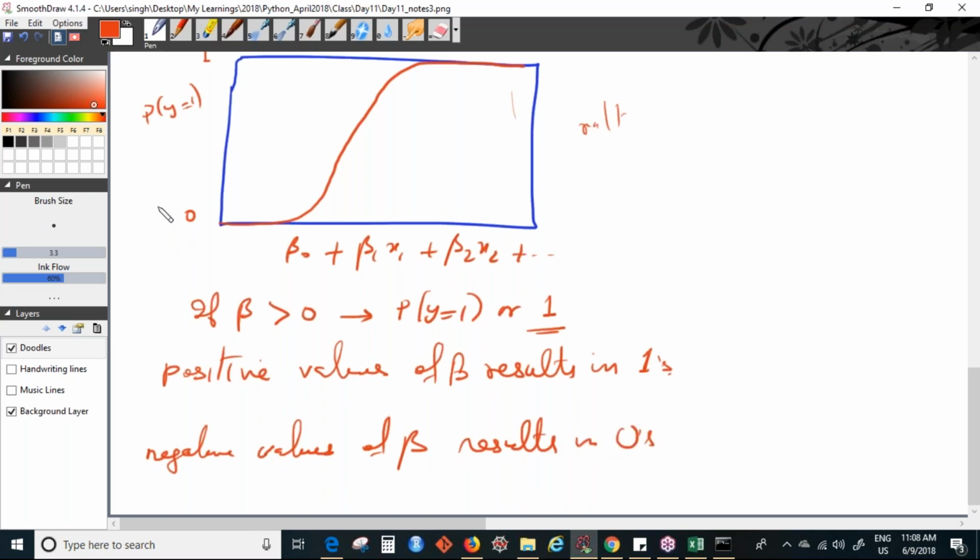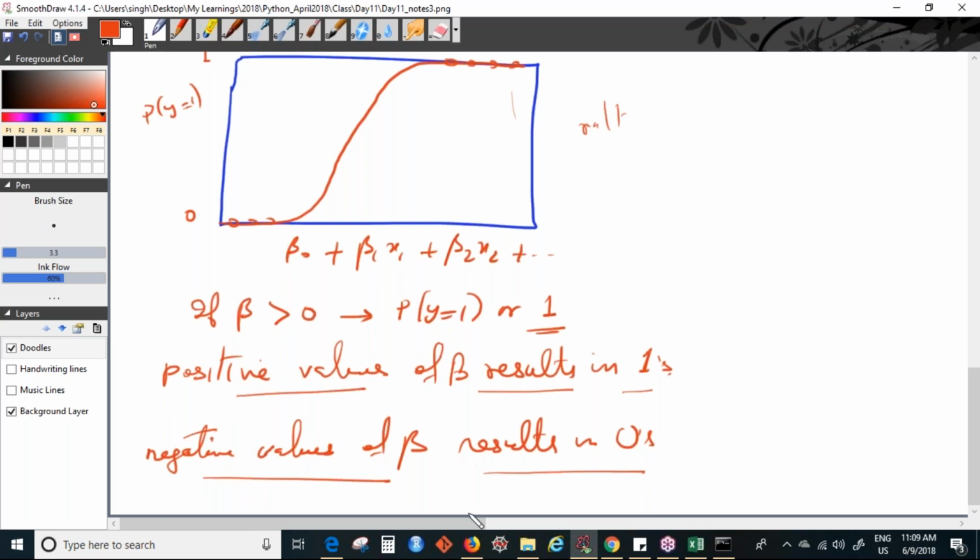Because if you go towards this side, negative value of beta means you will be on the left hand side. So you will be closer to the zeros. Here you have the 0 points. Here you have the points which are ones. Okay. So that means negative values of beta results in zeros. Positive values of beta results in 1. Okay. So this is how you interpret with respect to sign.